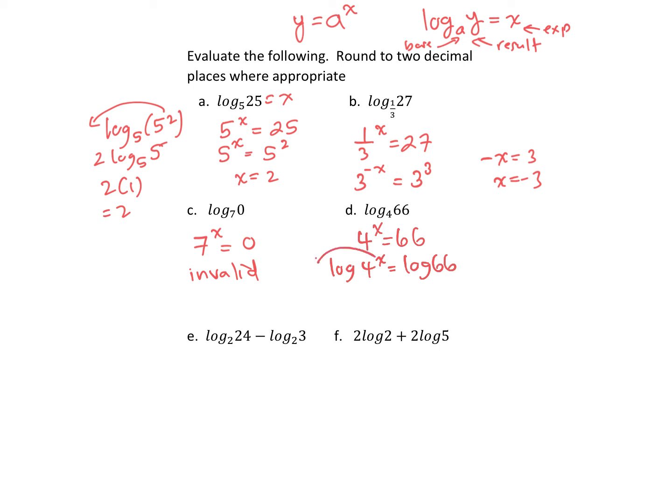We bring down the x to isolate it, and then we divide to solve for x. So that I can just type into the calculator. So if I had a calculator handy, which I do not, I would just type that into the calculator and get a decimal answer. So sometimes we cannot change the same base and you'll have to rely on the change of base formula.